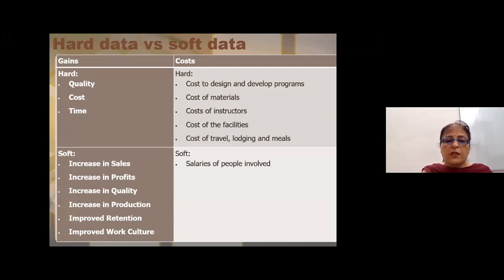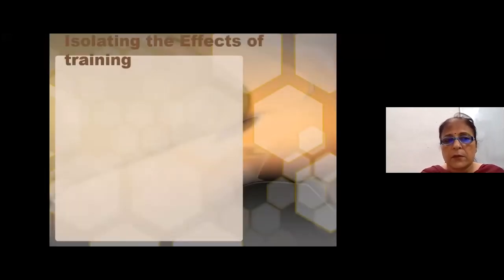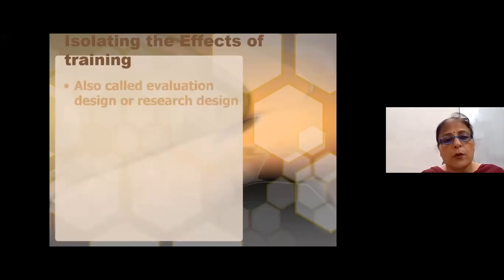And soft data in gains would be an increase in sales, increase in profits, increase in quality, increase in production, improved retention, where people are not leaving the organization, and improved work culture. Soft data could also be salaries of people involved, whether they have been paid more, incentives and all.